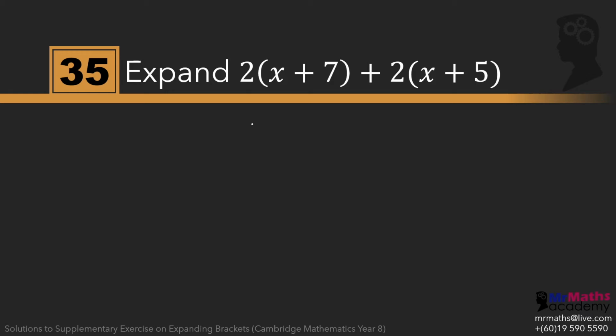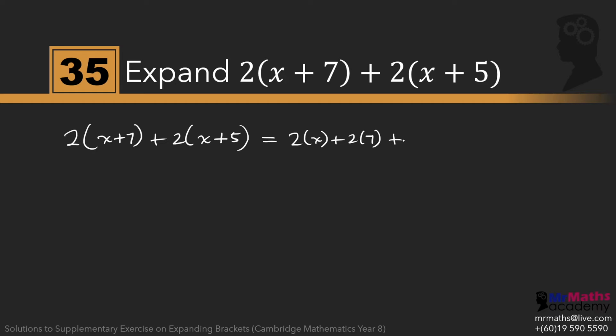This is interesting. We are going to do 2 expansions in one go. First is expansion of 2 and x plus 7, and then 2 with x plus 5. Okay, I'm going to do it separately. So 2 times x plus 2 times 7 plus, the second expansion, which is 2 and x plus 2 and 5.